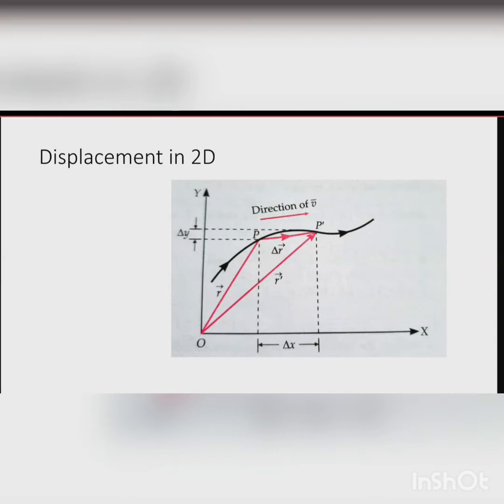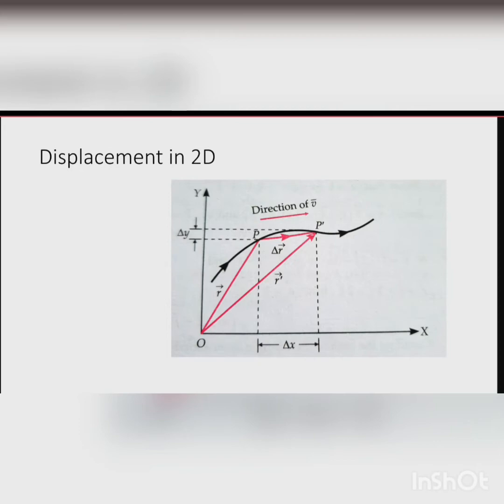At the first instant of time, say t1, it was at point P. Because now it's two dimensions, we have to talk about displacement along the x direction as well as along the y direction. Earlier only one notation was used, x2 minus x1, to denote displacement.